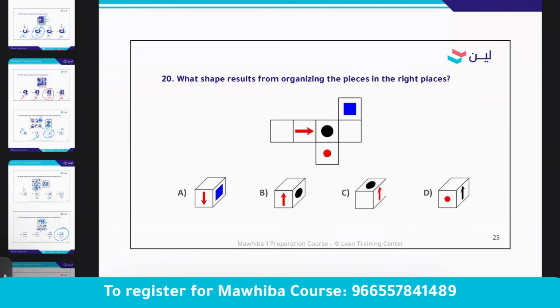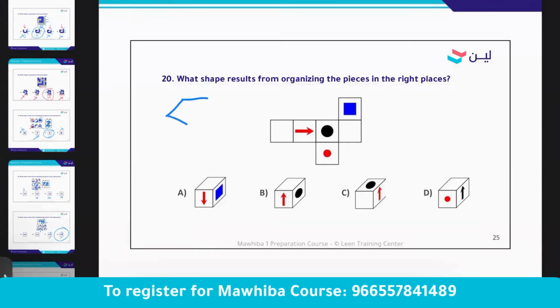So now, boys and girls, for question number 20, here we get another type of question that needs your full attention. I definitely know that most of you did these questions in classroom. When you fold each one of these squares, you're going to get a cube.